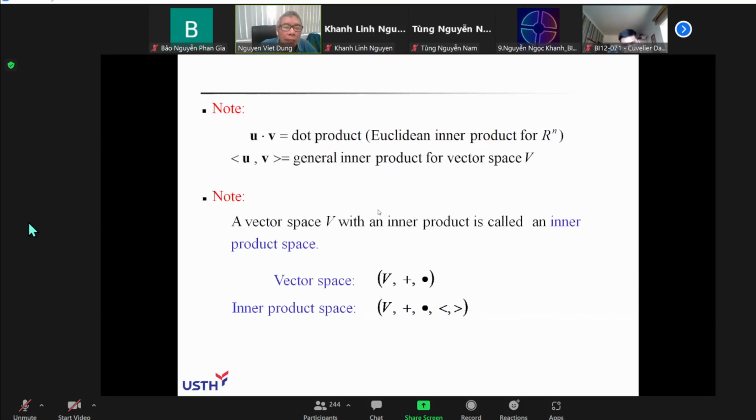Now, a vector space V together with an inner product will be called an inner product space. So first we need a vector space, then we need more, that is an inner product. Together with the inner product, the vector space becomes an inner product space. That is the definition of inner product space.